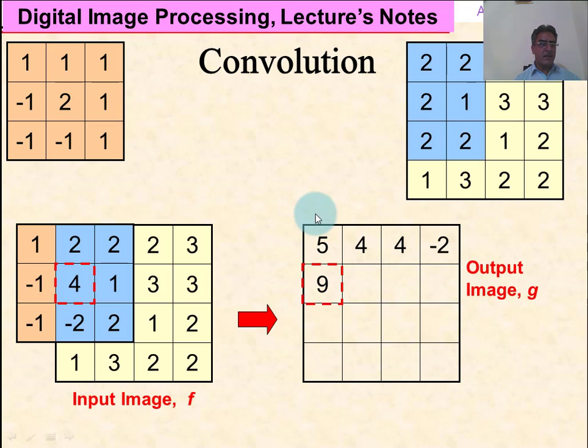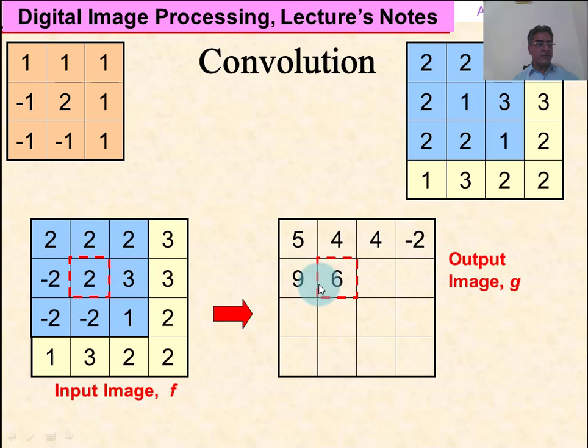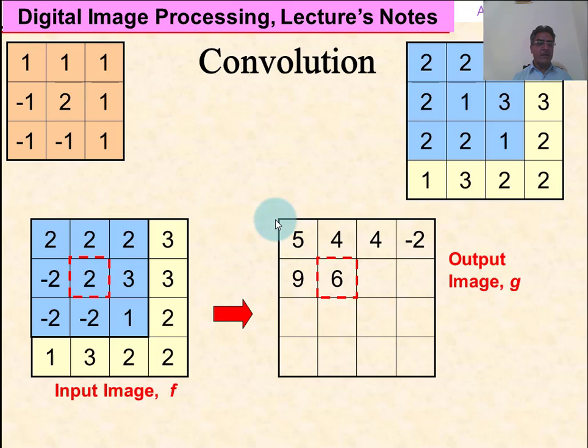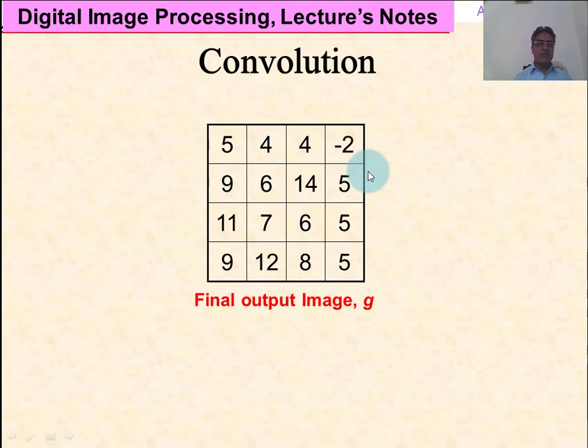Then the first pixel value of the second row has been modified with 9, and similarly the second row, second column pixel value, that is 2, will be modified with 6, and so on. When it slides over each and every pixel of the input image, the resultant convolved image will become like this. This will be the convolved image.